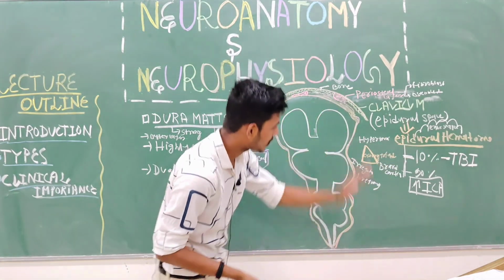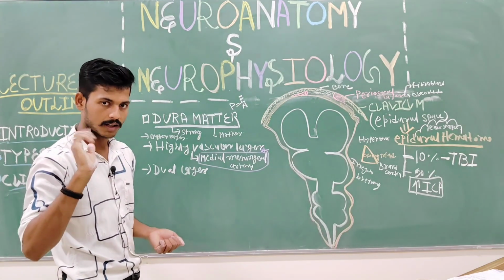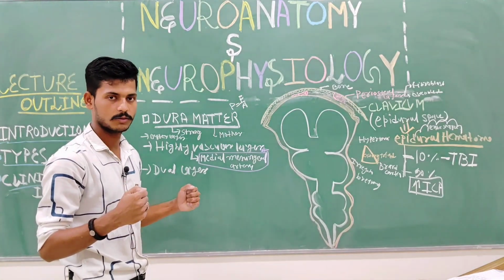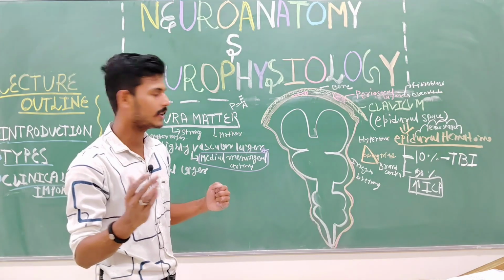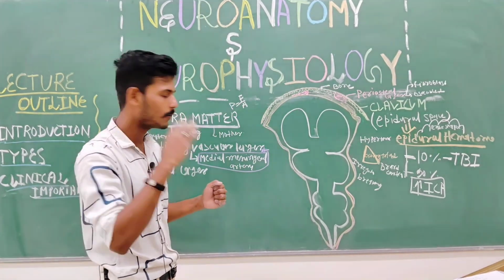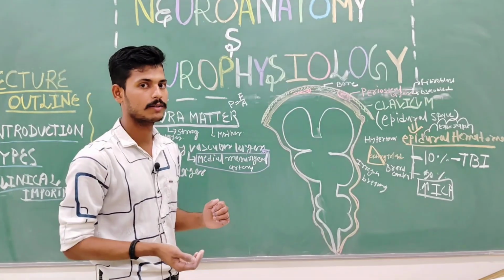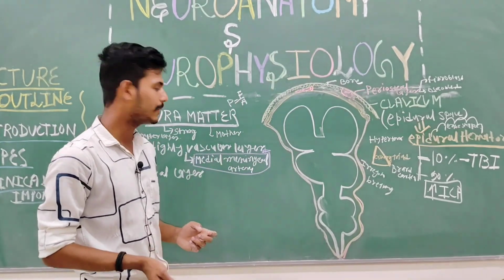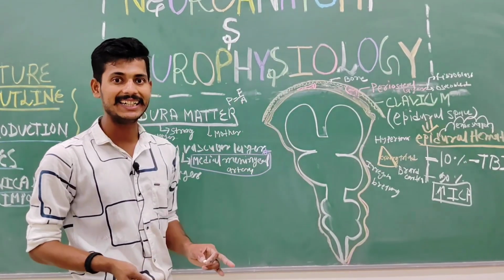Okay, so let's summarize it once again. We are discussing the dura mater, and we said that the dura mater is a strong mother. Previously it was thought that it is not a vascular layer, but nowadays it's clearly proved that the dura mater is a highly vascular membrane, and the artery present is the middle meningeal artery, as well as the anterior meningeal arteries.